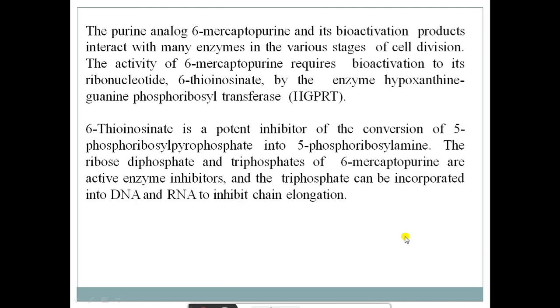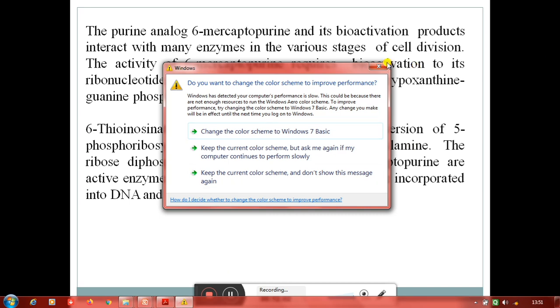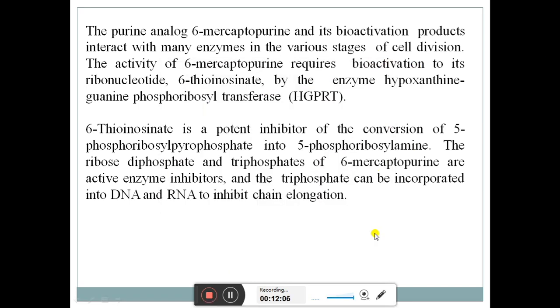The purine analog 6-mercaptopurine and its bioactivation products interact with many enzymes in various stages of cell division. So the activity of 6-mercaptopurine requires activation. It requires bioactivation to its ribonucleotide 6-thioinosine by the enzyme hypoxanthine guanine phosphoribosyl transferase.